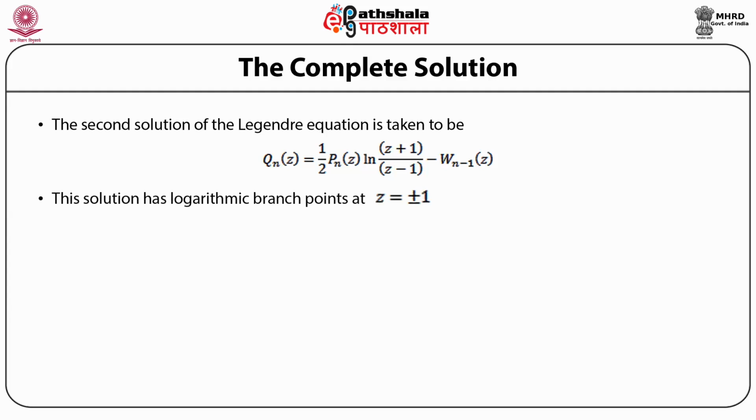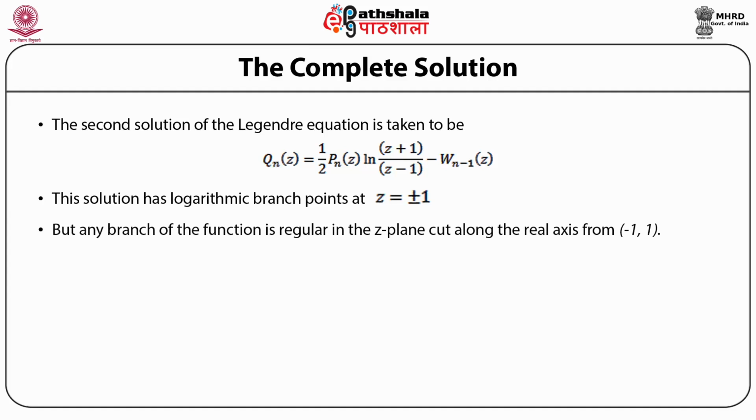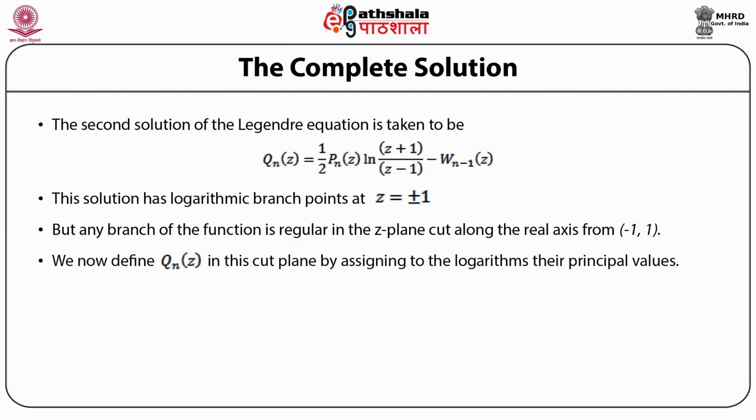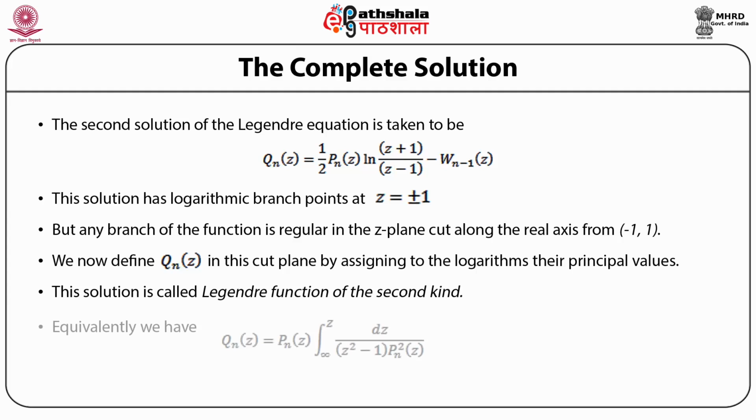This solution has logarithmic branch points at z is equal to plus minus 1, but any branch of the function is regular in the z-plane cut along the real axis from minus 1 to 1. We now define Qn of z in this cut plane by assigning to the logarithms their principal values. This solution is called the Legendre function of the second kind.